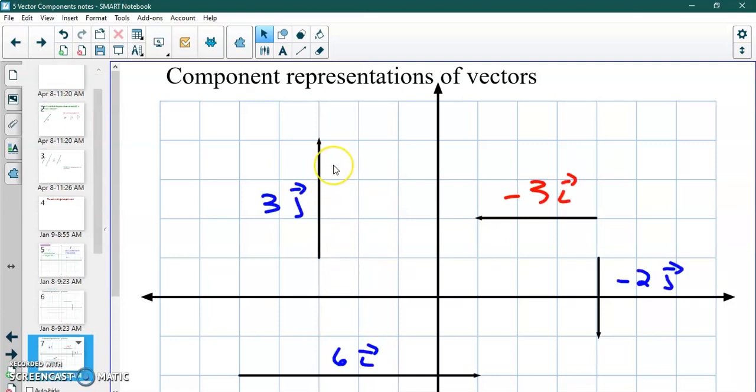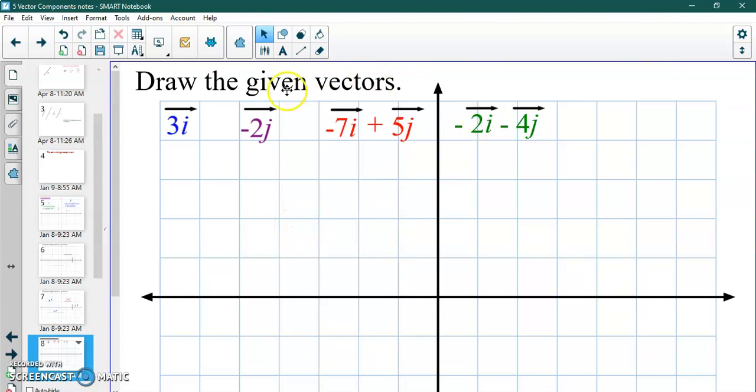Well, this one's going in a vertical direction, and it's positive because it's up, and it's a length of 3, so we would say that this is represented by 3j. This one here is going to the right with a magnitude of 6 in the positive direction, so we call that 6i. This one is also going horizontal, but it is going to the left. It's a negative direction, so we would say that this is negative 3i. And then this one is going down 2, so we would say that's negative 2j.